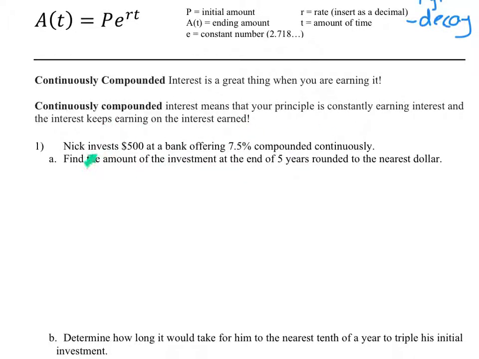So as an example, Nick invests $500 at this rate, compounded continuously. Find the amount of the investment at the end of 5 years. So we write our formula. At the end of 5 years, time is going to be 5, and we know it's years, so that's good. We put 500 as the principal, e is the base, and the exponent is 0.075 times t.